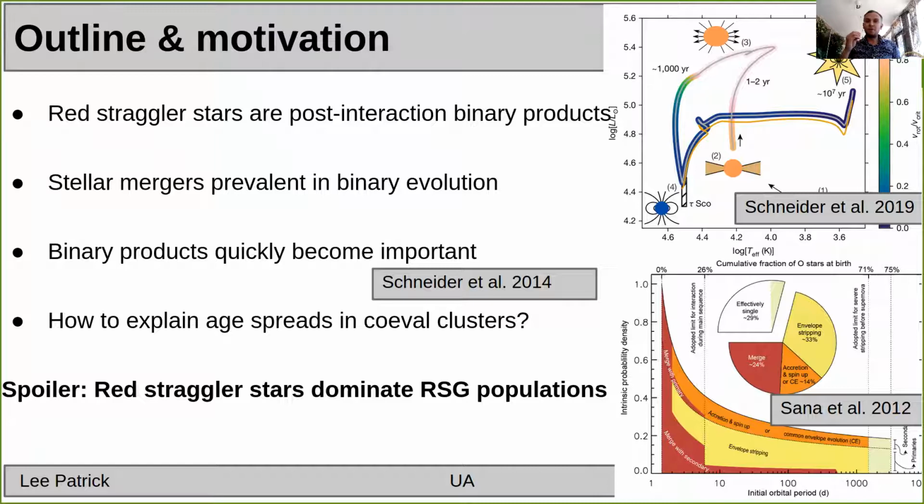Binary evolutionary products become quite important quite quickly in understanding the appearance of the massive star population in such clusters. And today I'm going to talk to you about how we can explain the age spread of red supergiant stars in apparently coeval clusters as the contamination effects from stellar mergers.